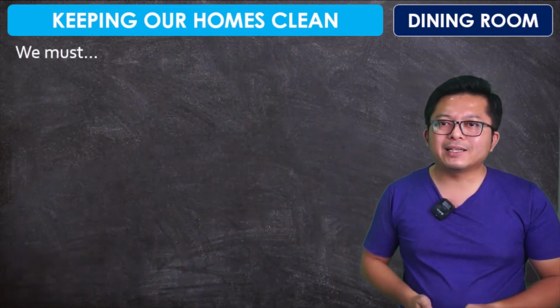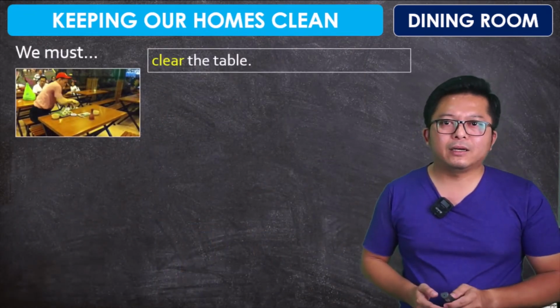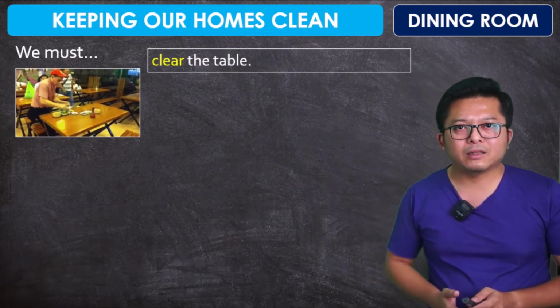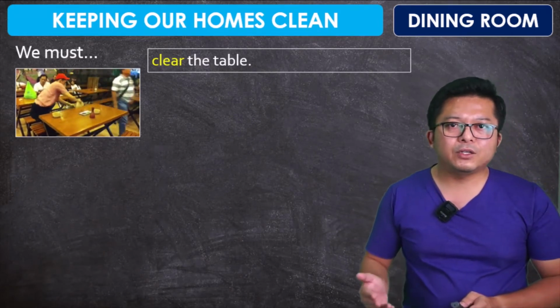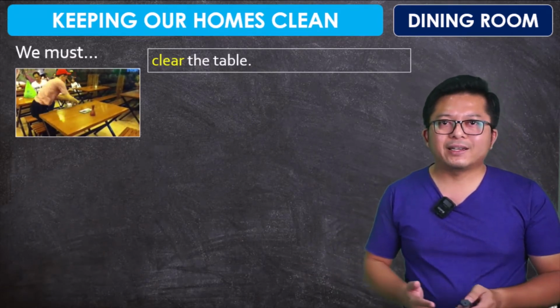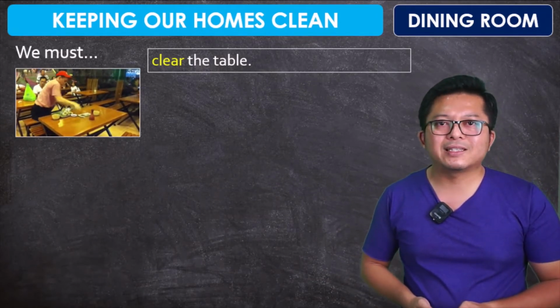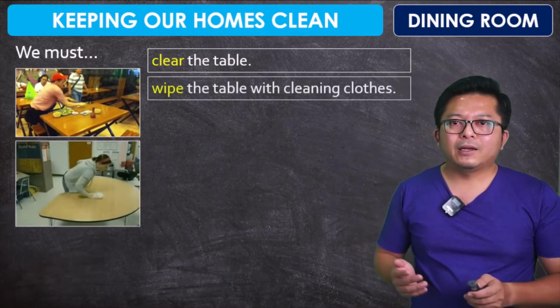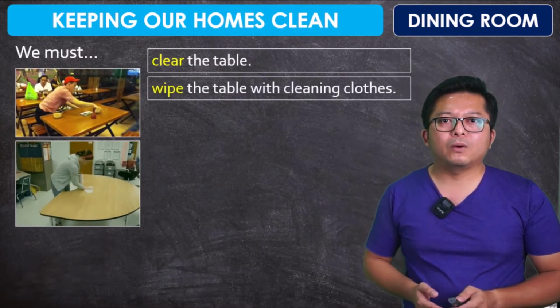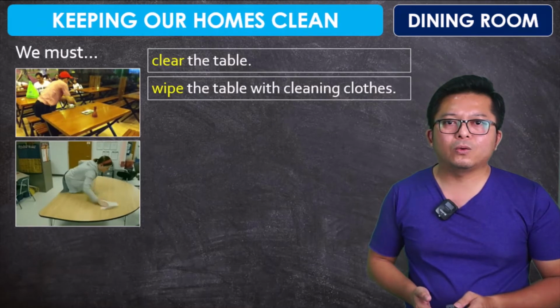So we must clear the table. The first thing, clear the table. If there are dishes, collect the dishes and put them in the kitchen sink. Okay, and then we wipe the table with a cleaning cloth.